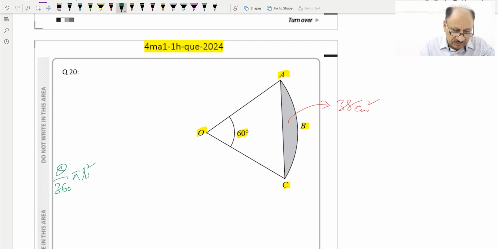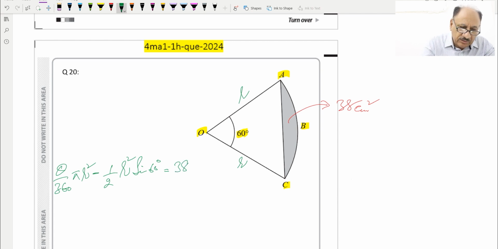This is area of the sector, but we need to subtract the white triangle, which will be 1 by 2 r square sine theta, which is sine 60 degrees, and this side we can take r and this side we can take r. So this is equal to, they have given this one, 38.